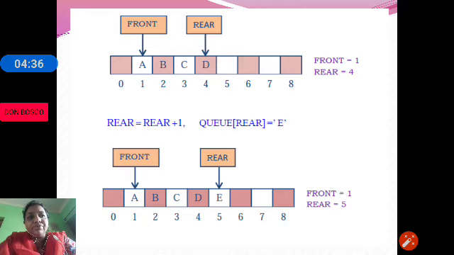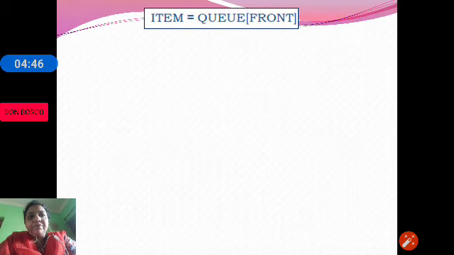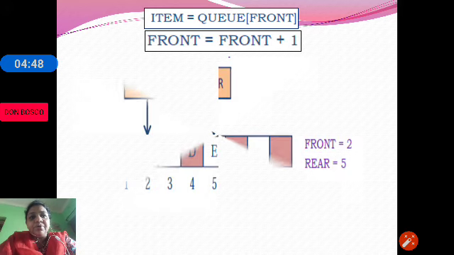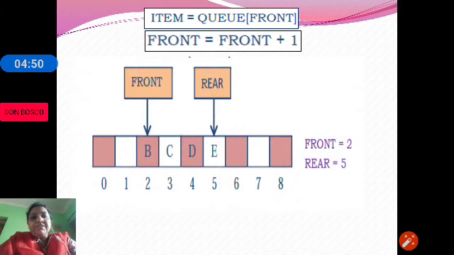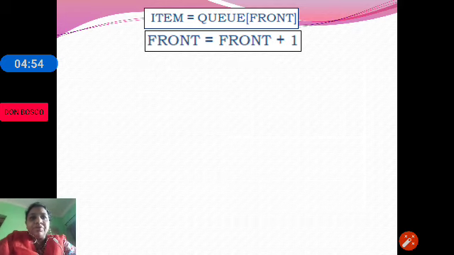So rear was 4, 4 plus 1 is 5, and then E is added at the rear end, that is the 5th position.